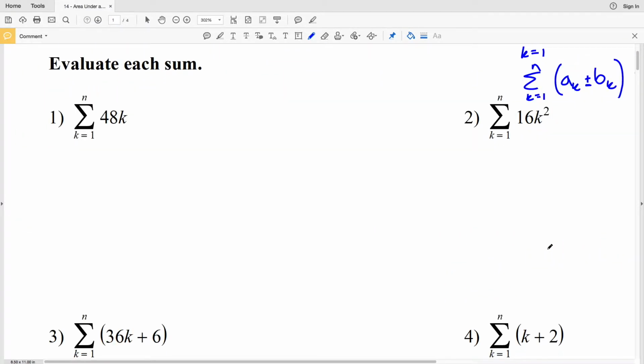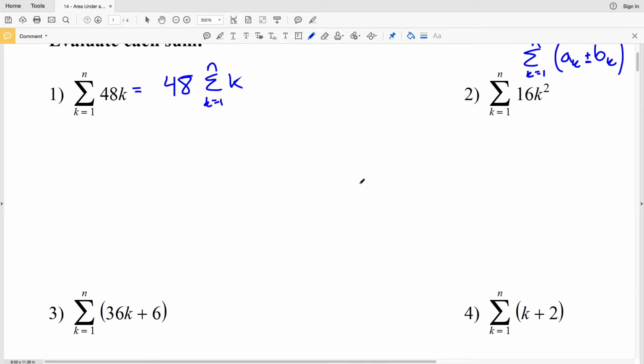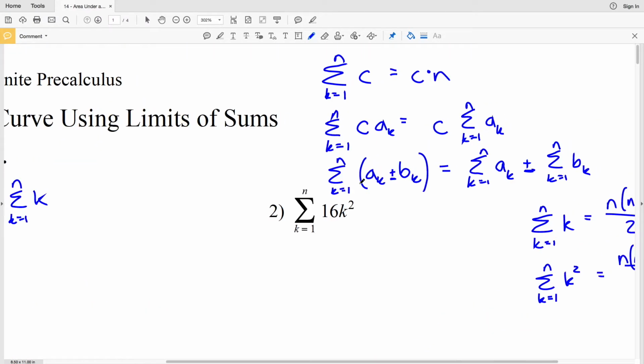In numbers 1 through 4, we're to evaluate each sum. And looking at number 1, we're evaluating the sum of 48k from k equals 1 to n. However, you can see that 48 is a constant, so I'm going to rewrite this as 48 times the summation from k equals 1 to n of k. So in that step, I used that second rule saying that we could pull our constant out in front of our summation.